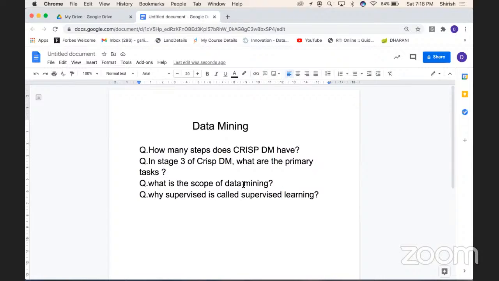What is happening? Why is it like supervision? Maybe because of that you're calling it supervised learning.